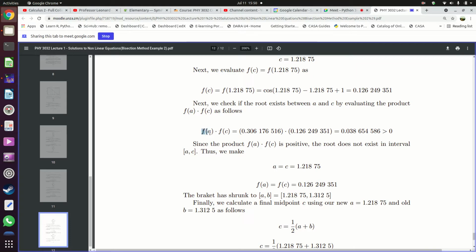Our function is positive at a, and positive at c. If you multiply these values, you end up with a positive value, greater than 0. So since the product f of a times f of c is positive, our function has not crossed the x-axis between a and c.